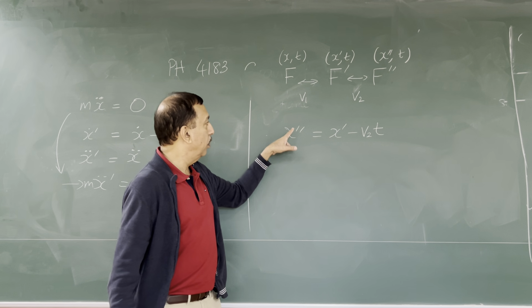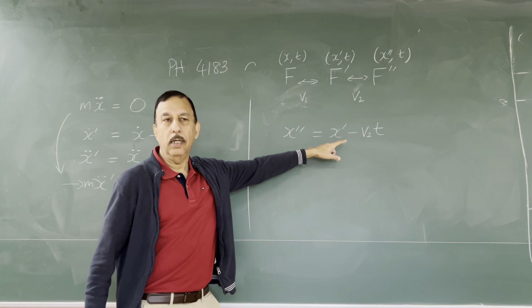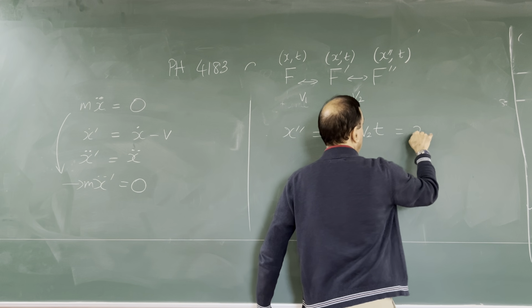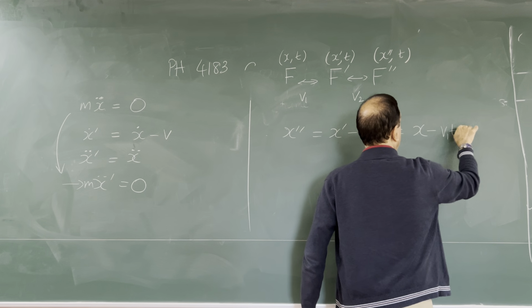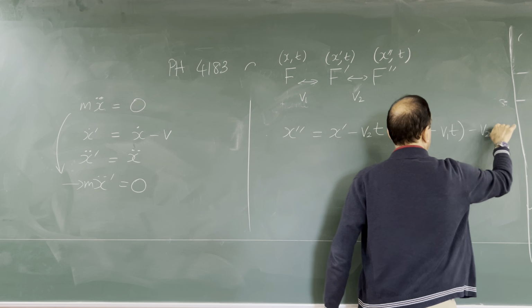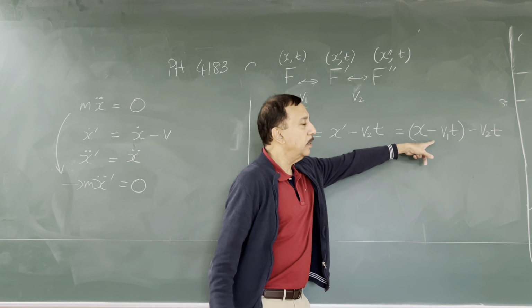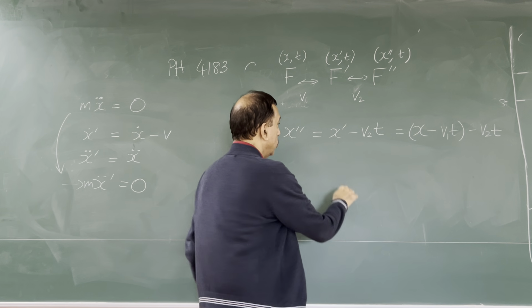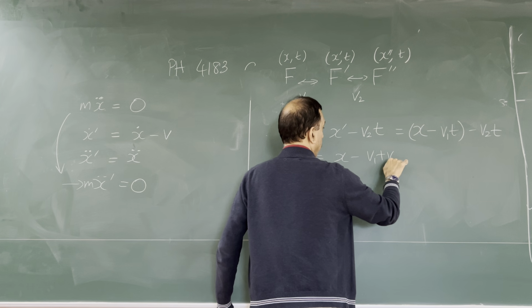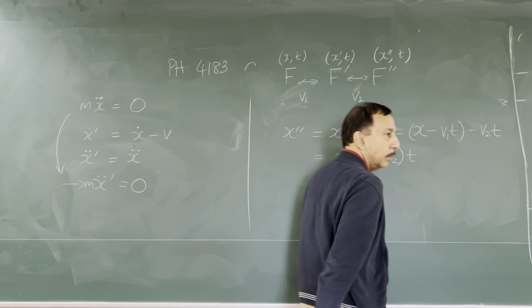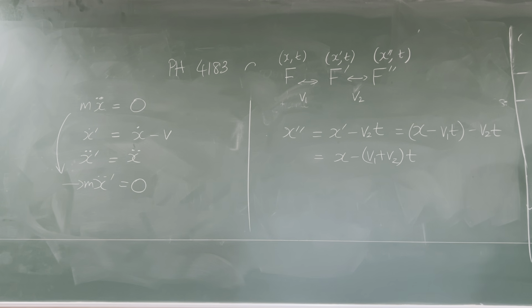This is the relation between me and the ship, and this is equal to x minus v1t minus v2t, since x prime is x minus v1t. I compose that, collect terms, and I get this. No surprise, I added two velocities and I got v1 plus v2. That's what we are taught is the meaning of addition.